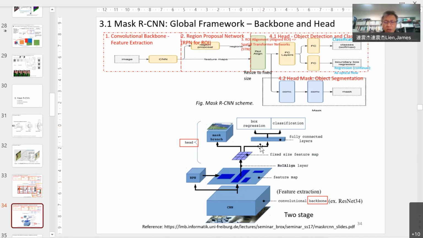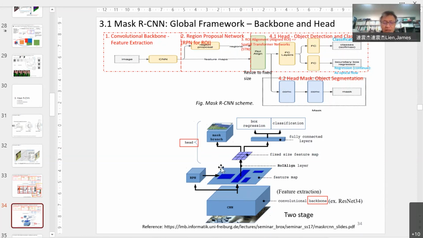However, YOLO V4 keeps improving, so they have better accuracy and better speed, and we'll talk about that one later. So for the one stage, it is faster, but accuracy is low. So people try to improve the accuracy.